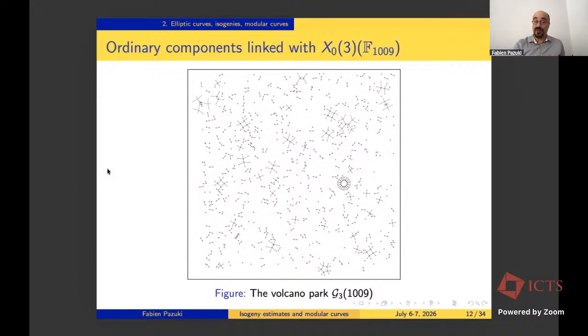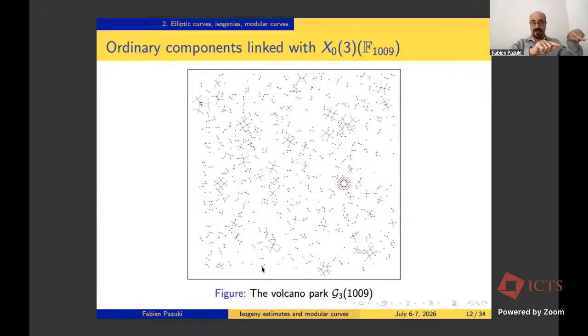So now the connection with the modular polynomial is the following. The modular polynomial is a way to detect easily if there exists an edge between these two dots. The 2 dots are explicit j-invariants in F_1009.